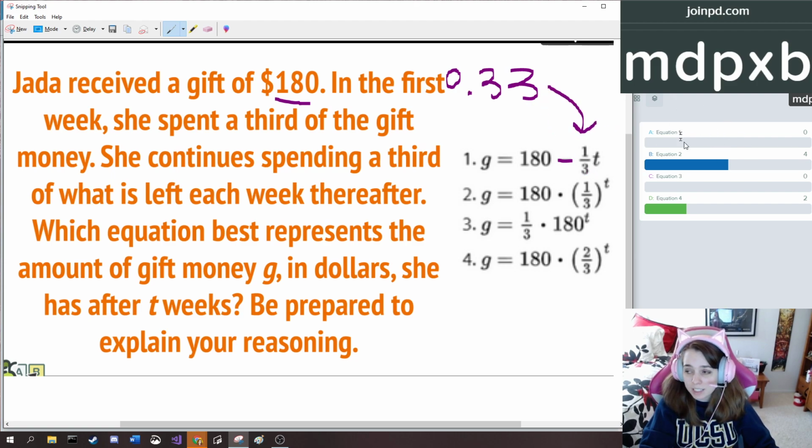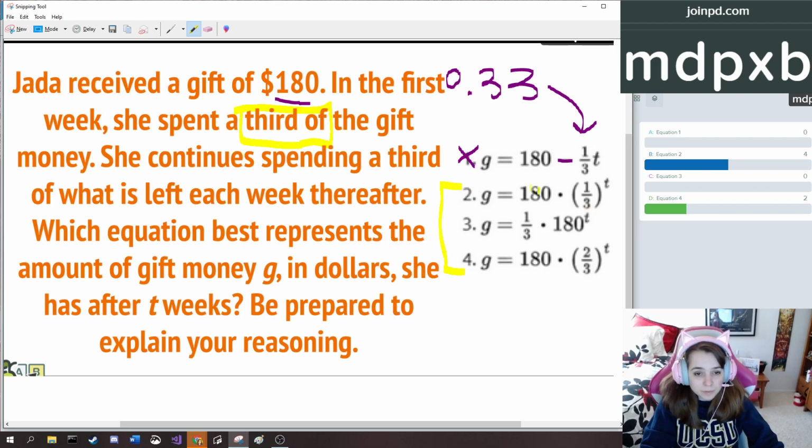I can see now that someone switched away from equation 1, seeing how we're not really subtracting 33 cents every week. What we wanted was a third of our money. That key phrase, a third of, means multiplication, so we know it's going to be one of these 3.